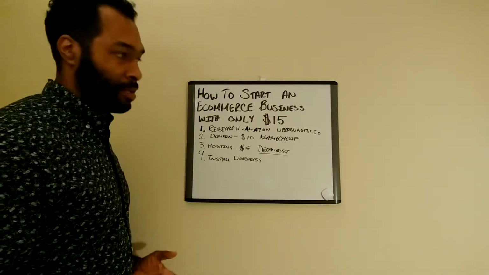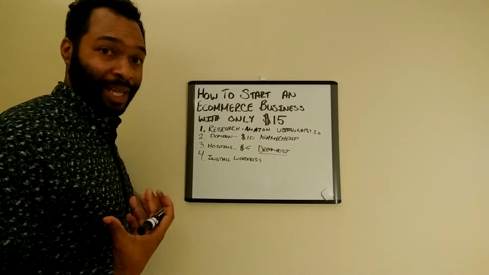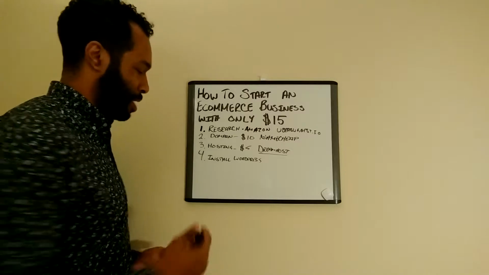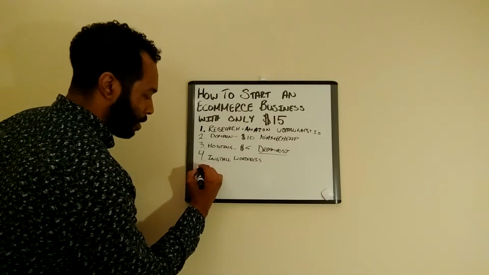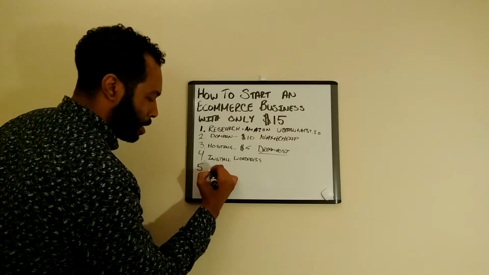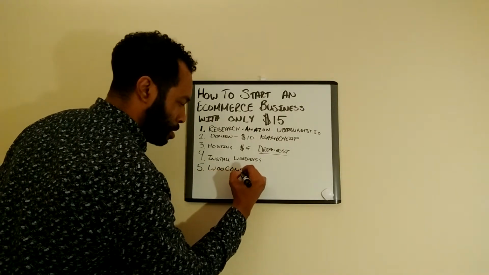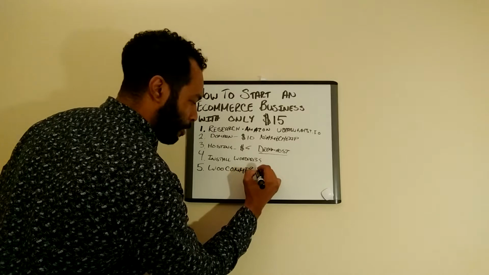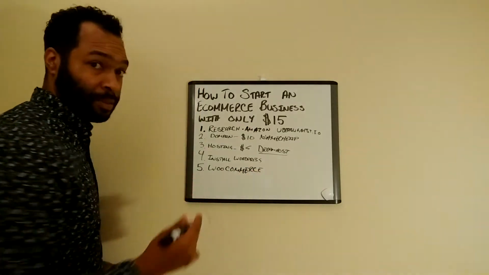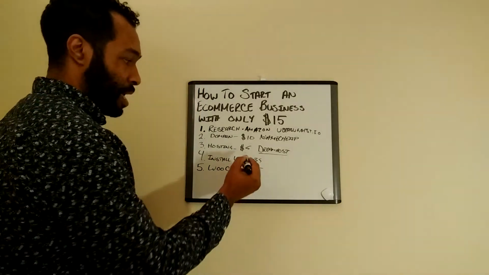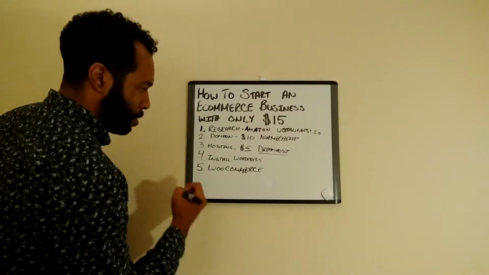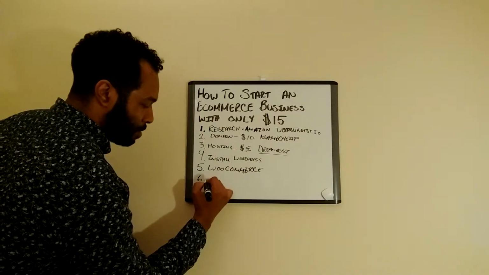If you don't know how to do that, look it up on YouTube. That's how I learned how to do it. That's the easiest way to learn. All right. From there, install WooCommerce. WooCommerce is free, so you don't have to worry about spending money on a monthly basis, except for your hosting. Then finally, promote.